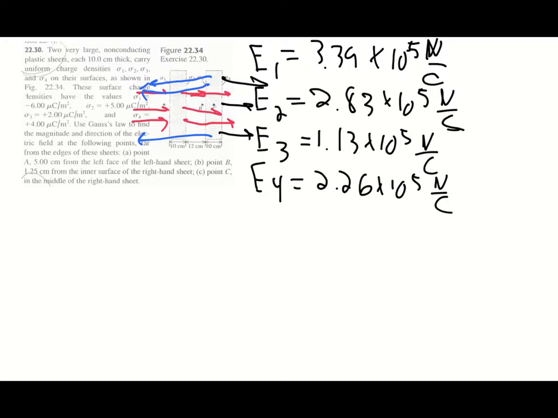So the first point we're looking at is point A, which is way over here. The diagram looks like a mess, but you can see it. From that direction, our first field, E1, is going to be positive. I'm just going to add the coefficients.